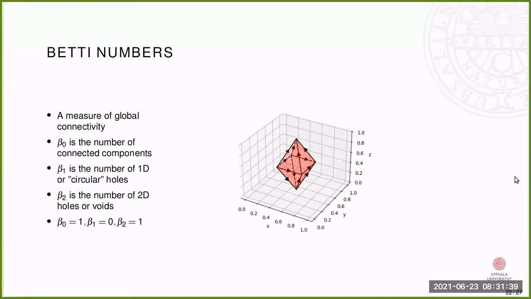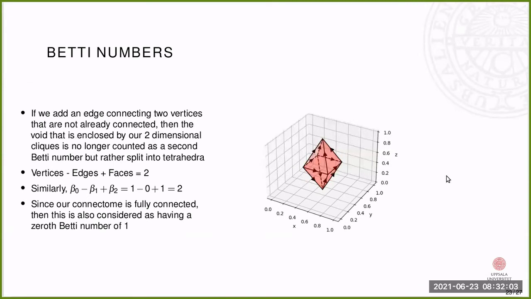The second Betti number is the number of holes or voids, at least in this figure. So we have these 2-dimensional cliques enclosing this space in the center of this object. So we have one void, let's say, in this figure.